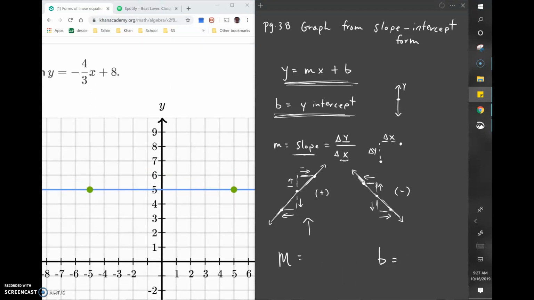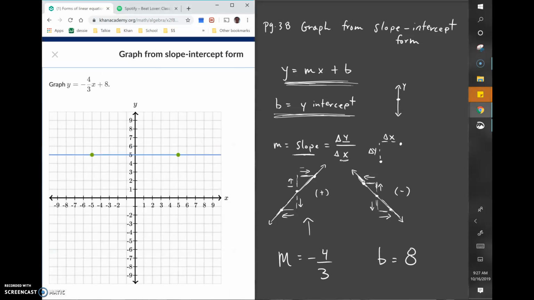So here we have the slope of negative 4 over 3 and a y-intercept of 8. So the first thing I'm going to do is plot the y-intercept at 8. Just put 8 on the y, and then I need it to be negative, and I can't go up and then to the left because there's not enough space up here for me to go up and to the left. So I've got to go down and to the right.